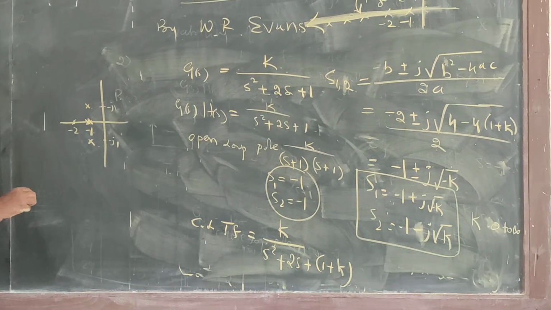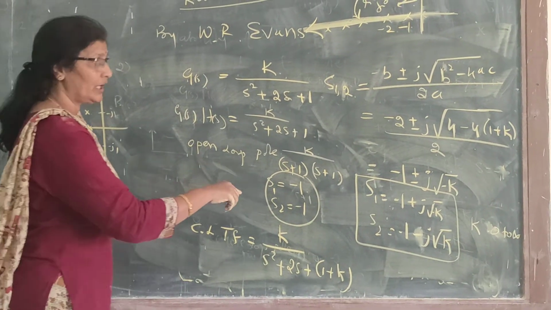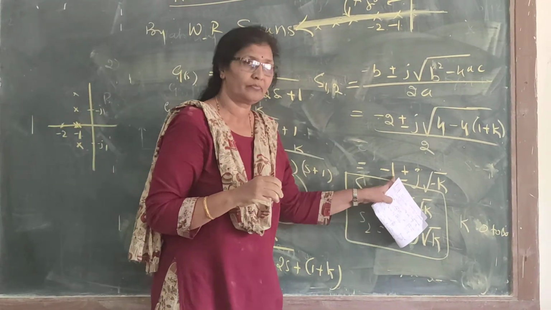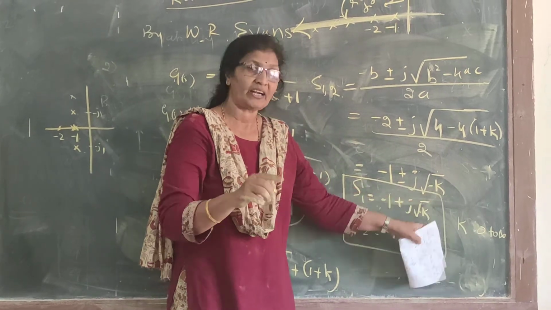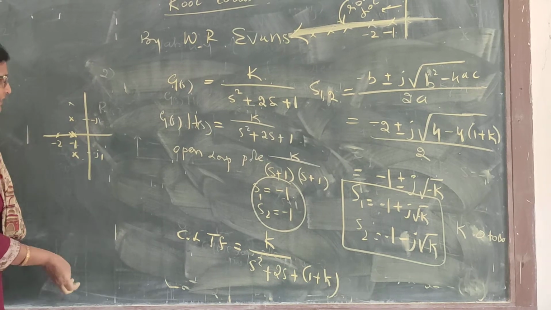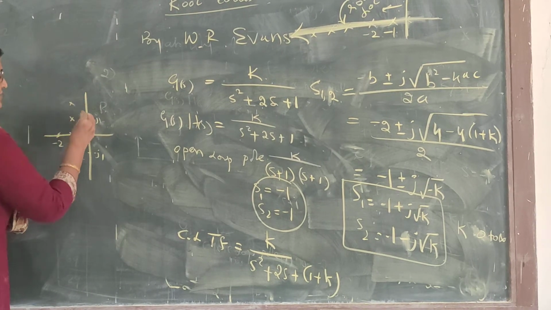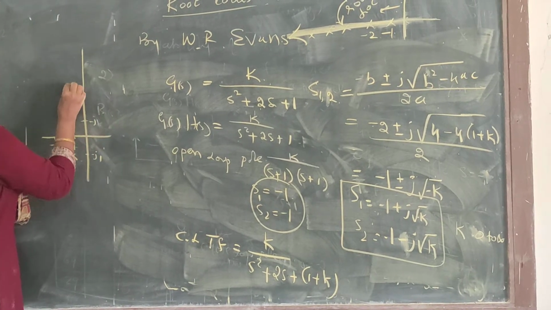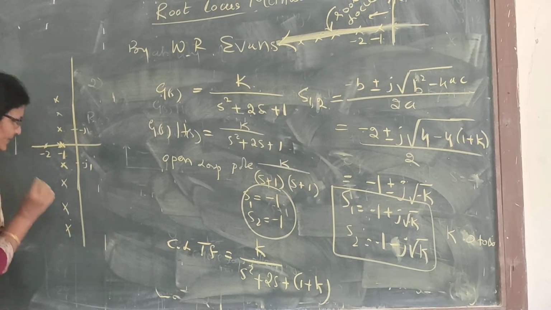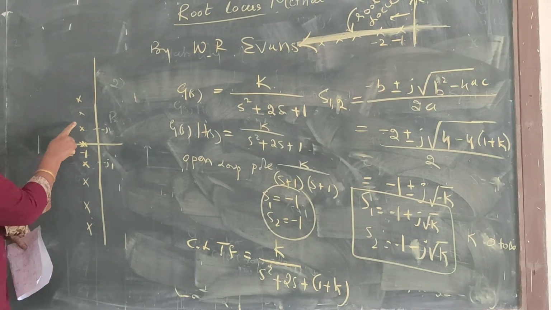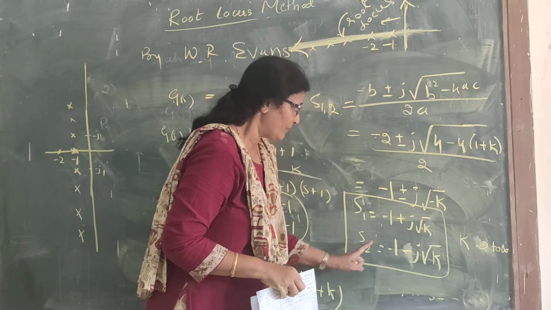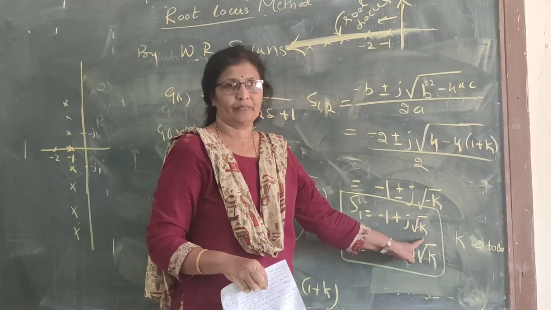If you put k equal to 2, the real part remains the same, whereas the imaginary value is changing. So these are all values of roots S1 and S2 by varying the value of k.